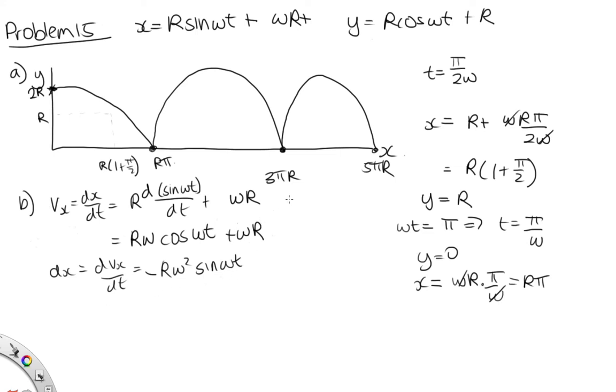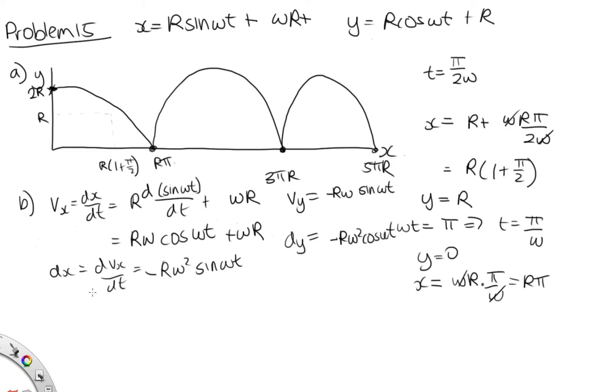In the y direction, we've got vy is equal to the derivative of this, which is minus r omega sine omega t. When we take the derivative of r, it disappears, and ay is equal to the derivative of this, which is minus r omega squared cos omega t.